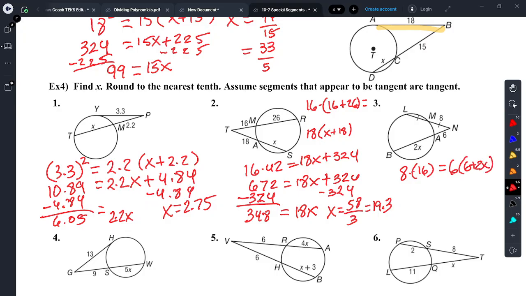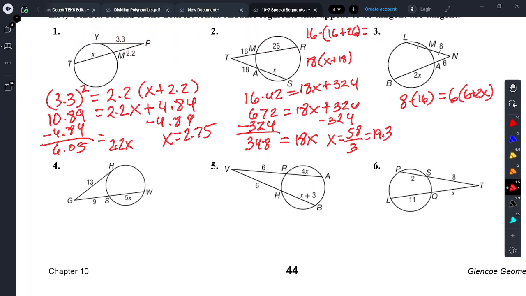I'm not going to solve that one. I'll set the rest of these up, but we're not going to solve them. 4 is going to be 13 squared equals 9 times 9 plus 5x. And then you would just solve that. Yeah? Easy?